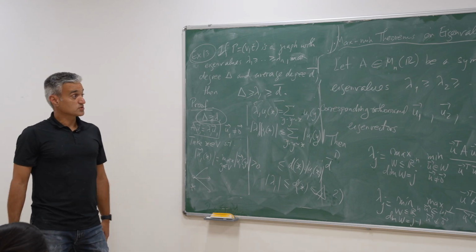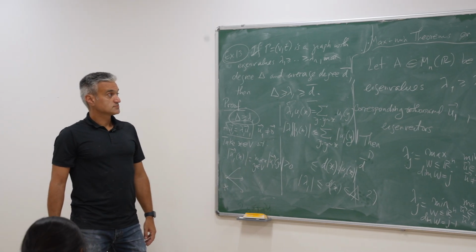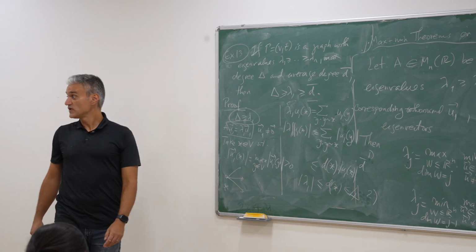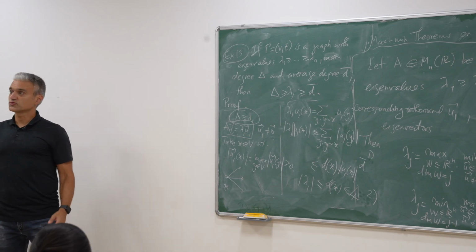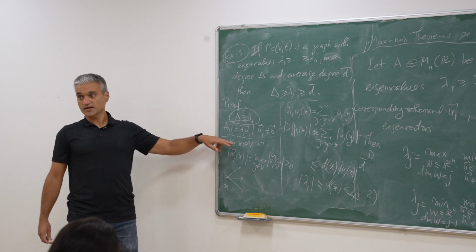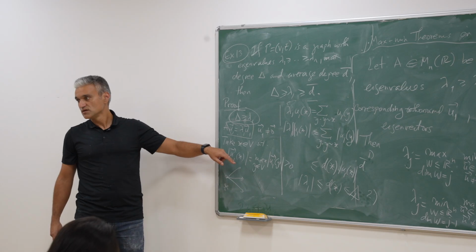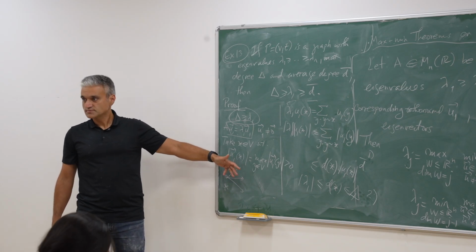See if you can do that. Okay? The degree of x means for all x, for any x? For some x. Well, you see, you take an x where the eigenvector entry in absolute value is the maximum.